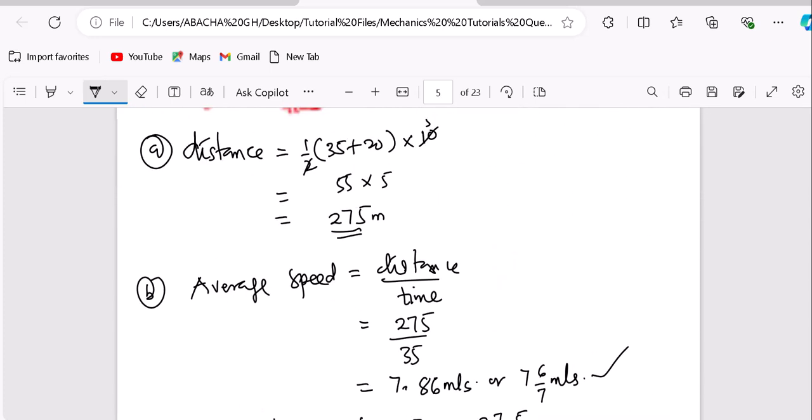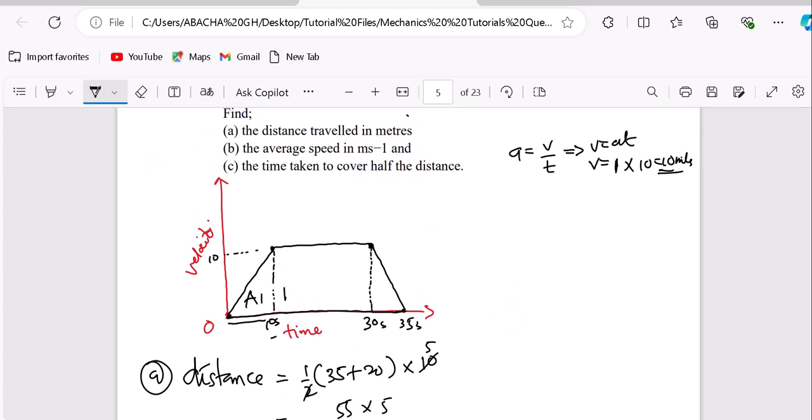So now let's go back to our graph and check something. It was at a steady speed for 20 seconds.